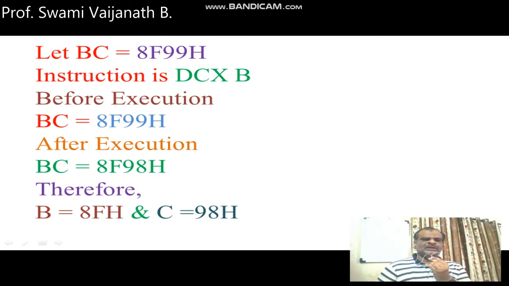Here we take an example: BC is equal to 8F99H. Before execution, the value of B is 8FH and the value of C is 99H.